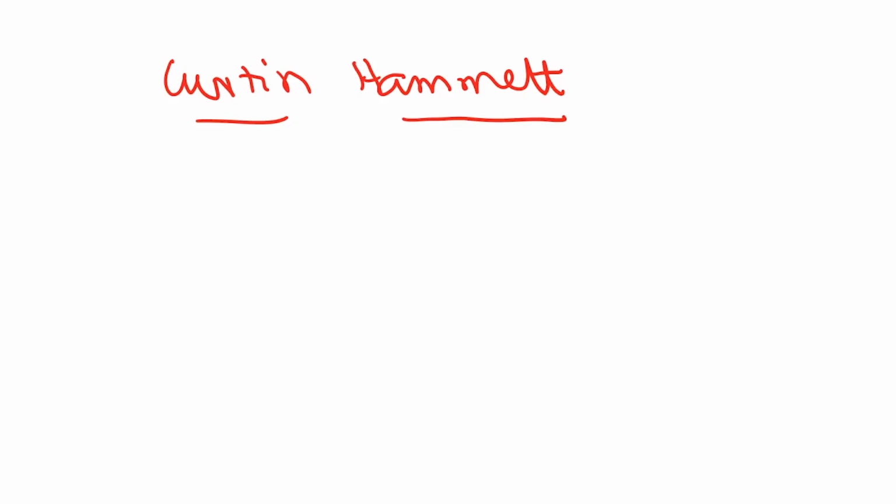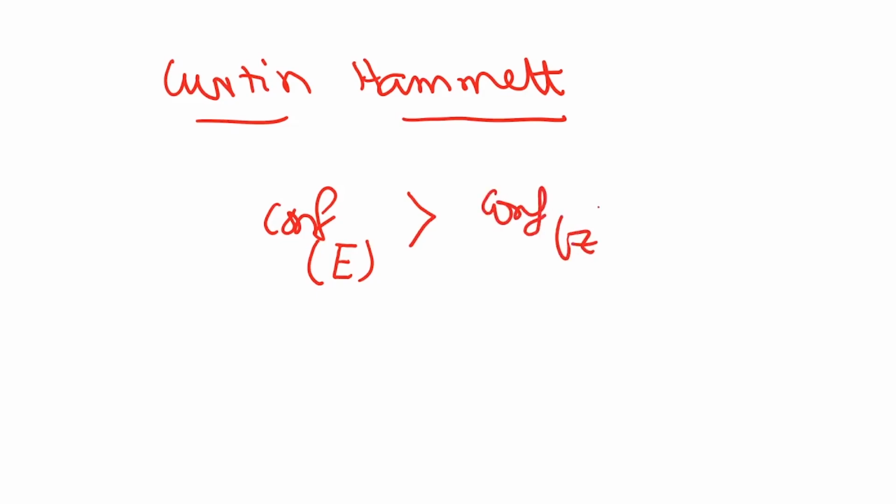Okay, so that means that the more reactive conformation, which is the E conformation, which is going to give E, is more reactive than the conformation that is going to give you the Z product, and therefore you get the E product as the major product.